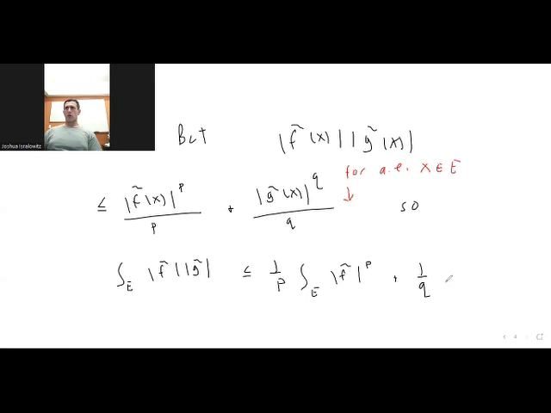Plus 1 over Q times this integral here. But what is this? This is kind of trivially, as I mentioned before, the LP norm of F tilde to the P. What is this here? Same thing for G tilde, but this is 1 and this is 1. So everything is 1.